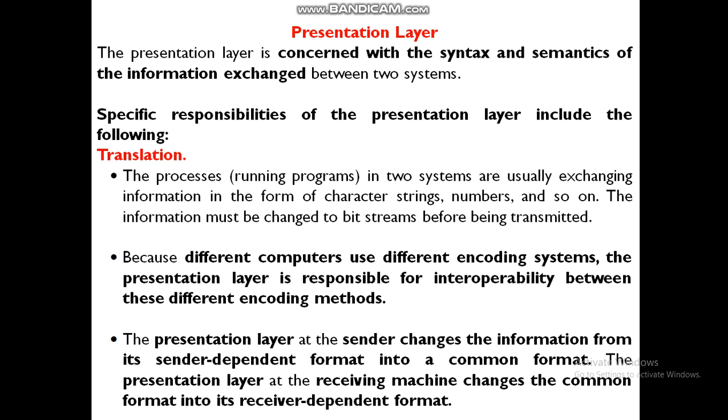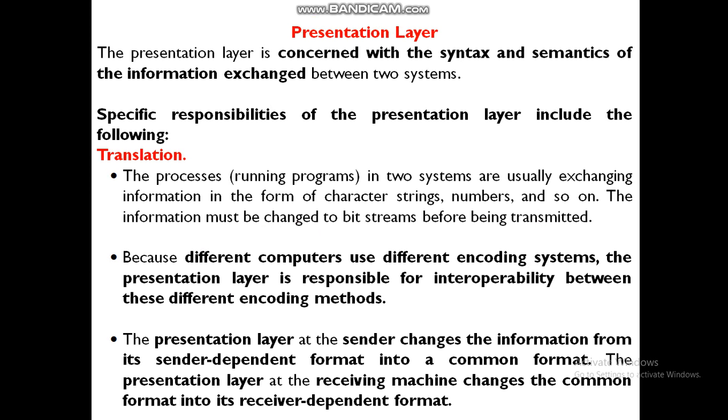The processes in two systems are exchanging information. Different types of information may be sent, like characters, numbers, pictures or audio files. But whatever type of message is being transmitted, all messages are to be converted into ones and zeros, and it should be understandable by the sender and the receiver.